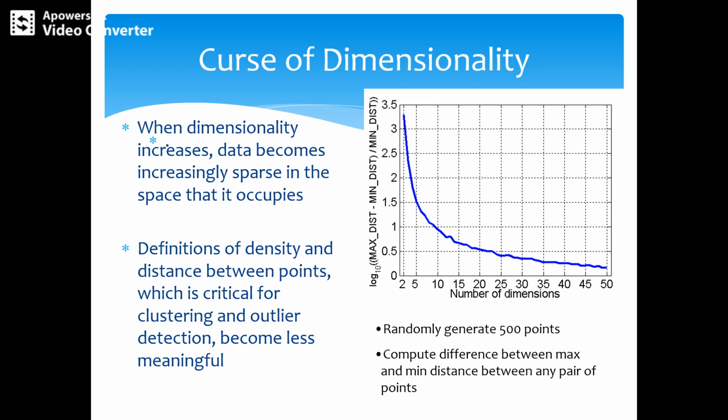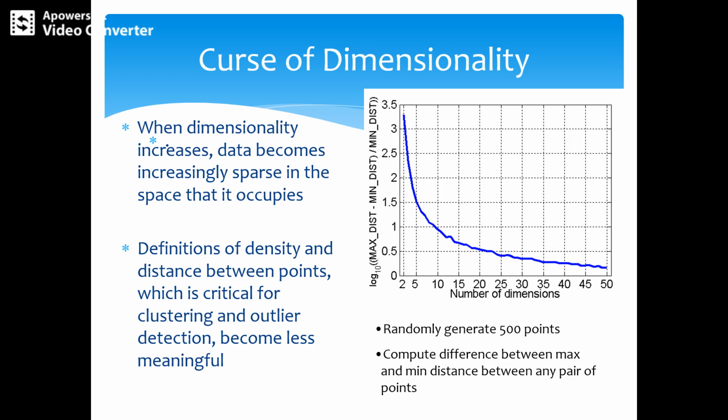For classification, this can mean that there are not enough data objects to allow the creation of a model that reliably assigns a class to all possible objects. For clustering, the definitions of density and distance between points, which are critical for clustering, become less meaningful. That is about the curse of dimensionality.